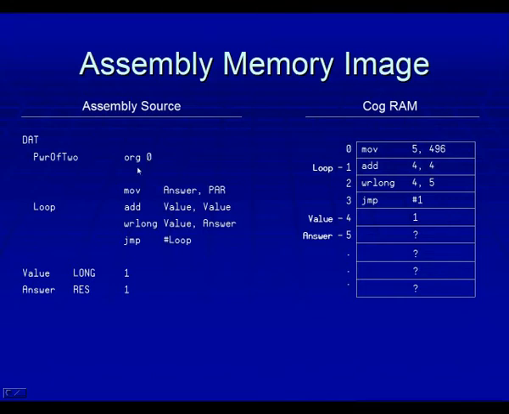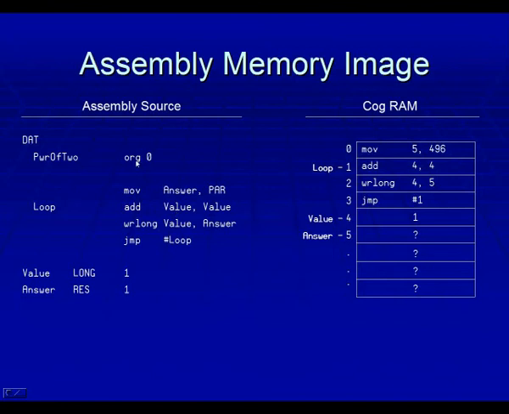So, in other words, when it gets down to this move instruction, it internally thinks of that as being located at address 0 within CogRAM. This is all, again, during the compilation process. So it uses this to figure out what the actual offset's going to be for, say, the answer symbol or the value symbol.